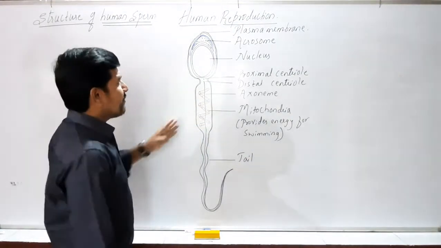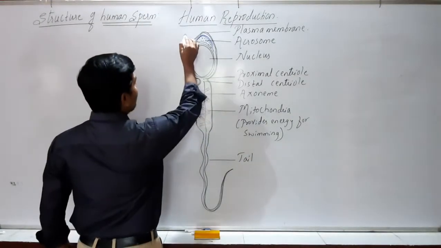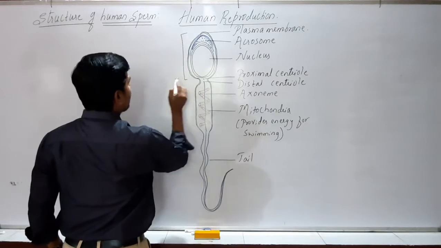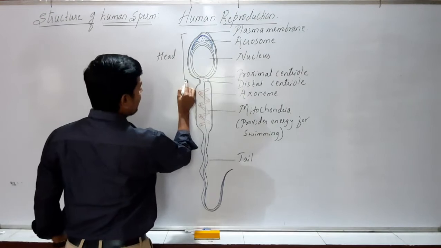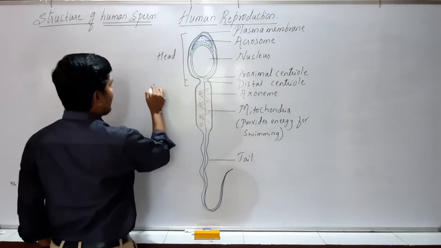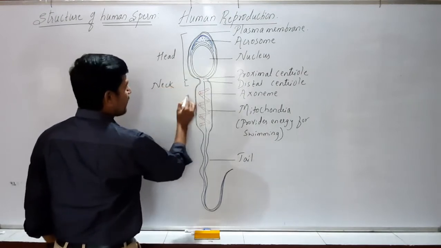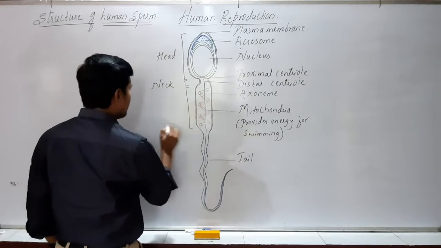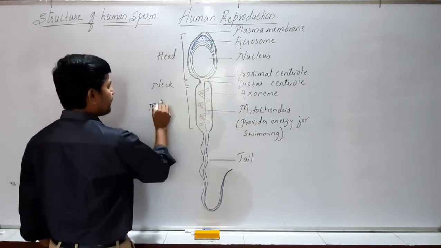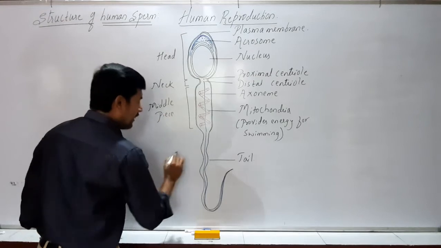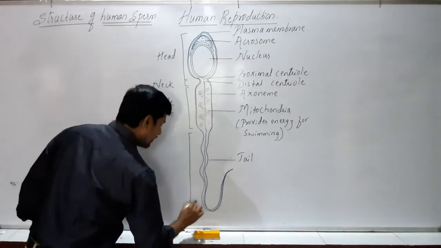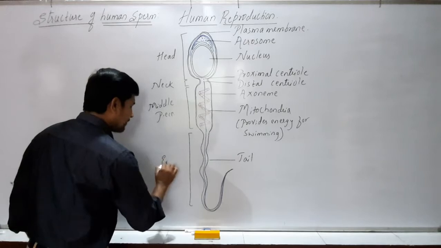In its division, the sperm is divided into the first part called the head, then a short neck, then the middle piece, and the last one called the end piece.